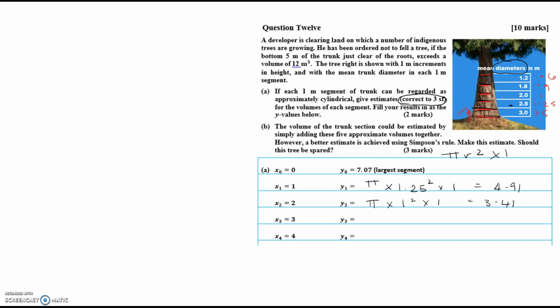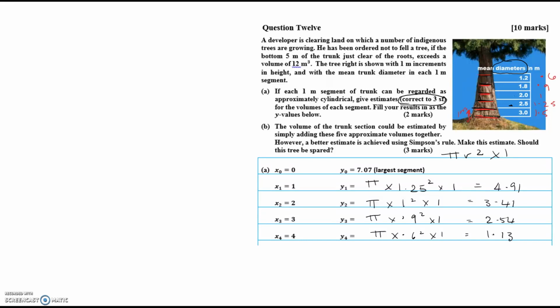The next one up is where the radius is 0.9, so it's going to be pi times 0.9 squared times 1, which is going to be 2.54, and the top one is going to be pi times 0.6 squared times the depth of 1, which would be 1.13. Okay, that's the first half of the question. That's 2 marks worth, just doing that.